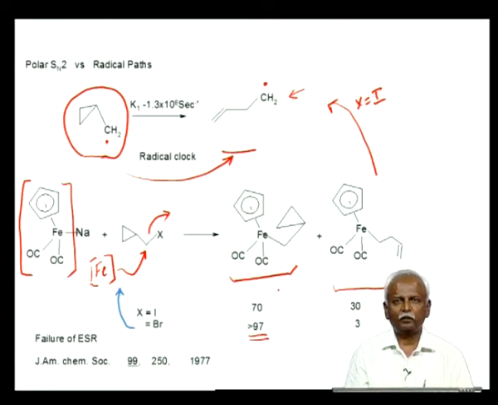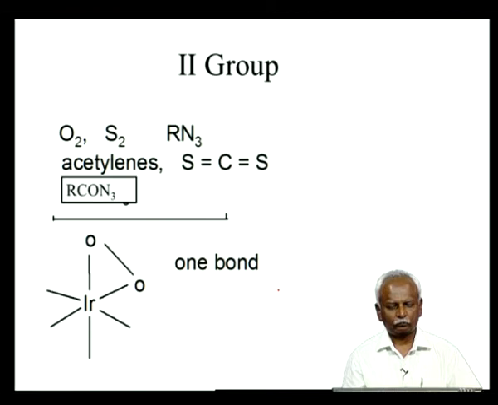It is a very important principle that one needs to know in science in general and in reaction mechanism studies in particular. If you do not have a particular evidence, it does not mean that it is not there. It is just that you are not able to detect the radicals. In this case, ESR was not able to detect radicals, but a different technique, a chemical technique, was able to show that radicals were involved.